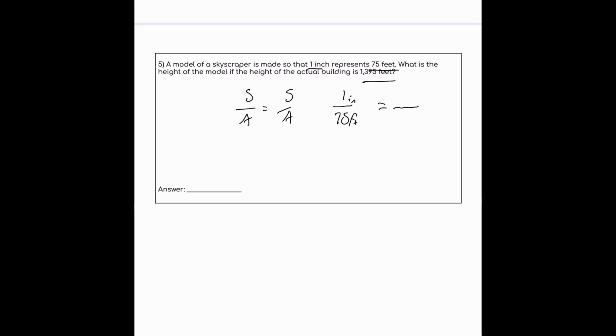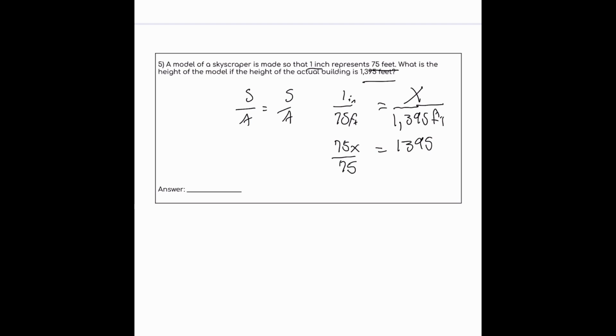Okay, so we know the actual height, 1,395 feet. We need to find the height of the model. So that's where we're going to place our x. 75x, cross multiply and divide, equals 1,395 feet.